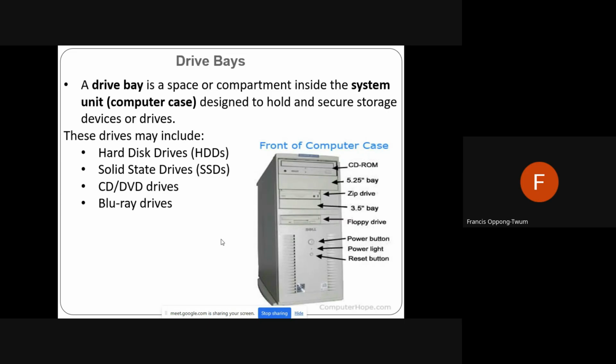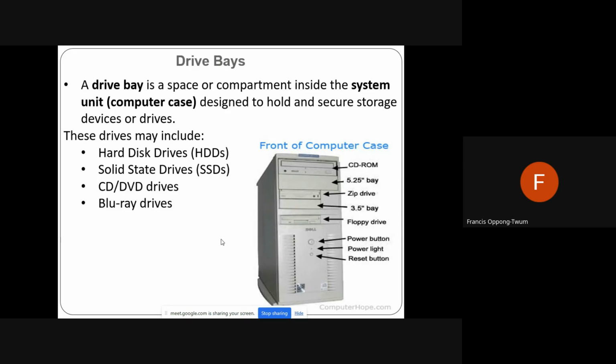Can I move on? Yes, sir. Okay, another component that we also try to identify is the drive bay. When we talk of a drive bay, what is it? We are saying that the drive bay is a space or compartment inside the system unit or computer case that is designed to hold and secure storage devices or drives.